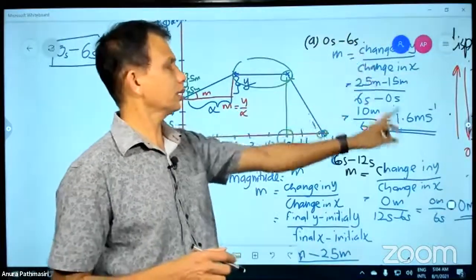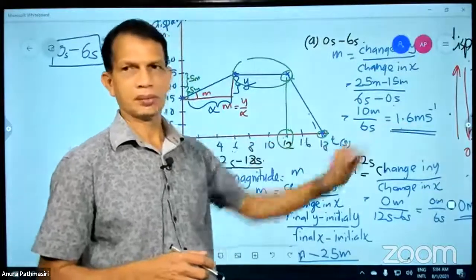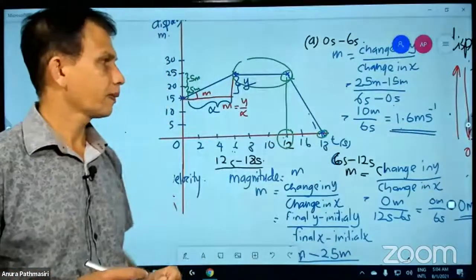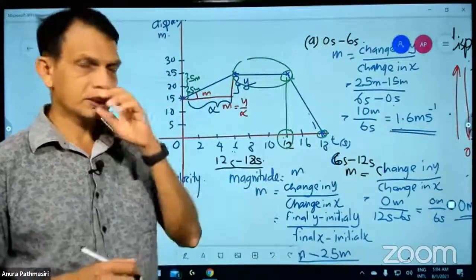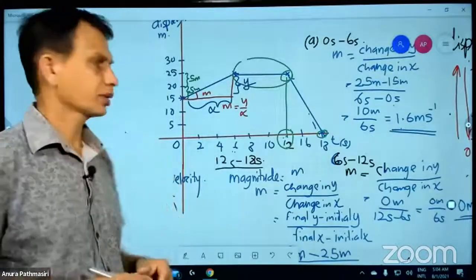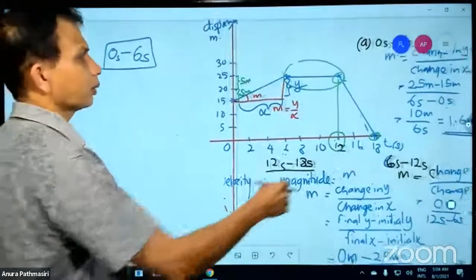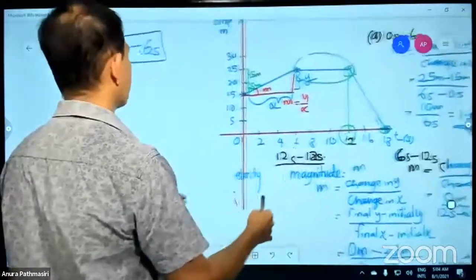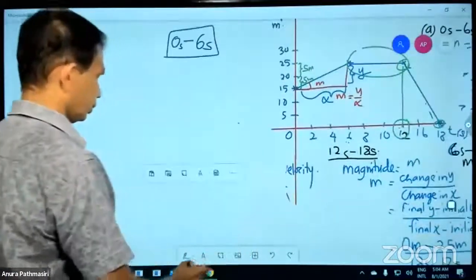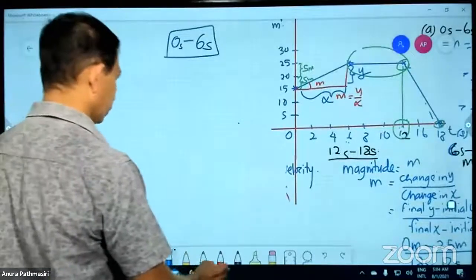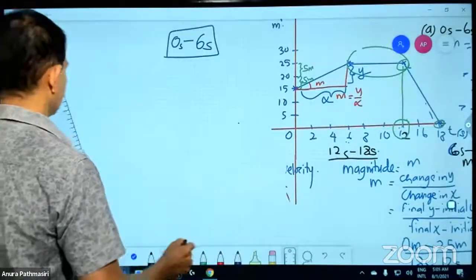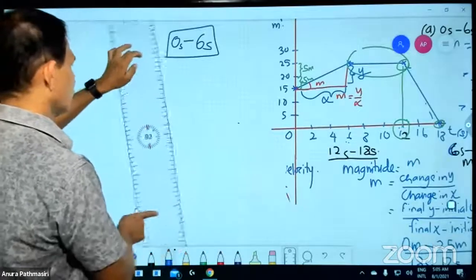0 second to 6 seconds. What is it? 1.6 meters per second. So what I'm going to draw for that is the velocity time graph.